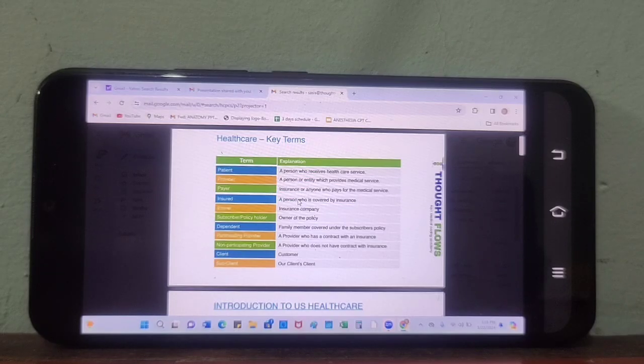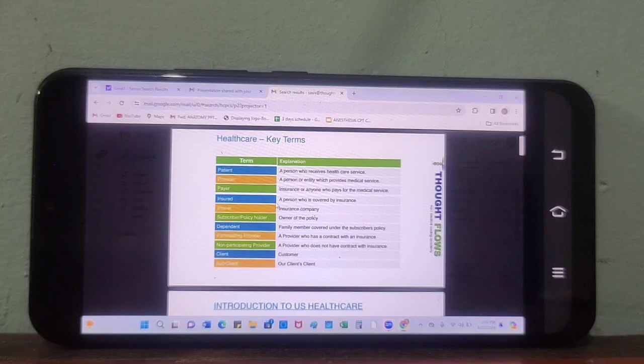The insurance will cover my family members also, so my family members are dependents. Who are covered under the insurance service are called insured.